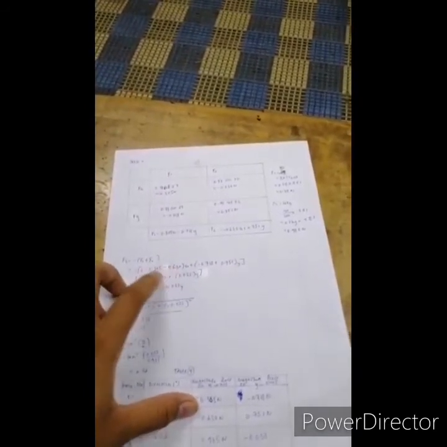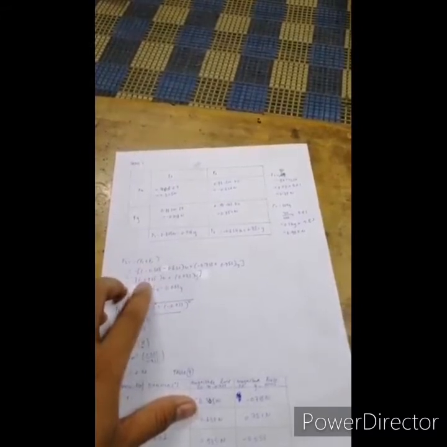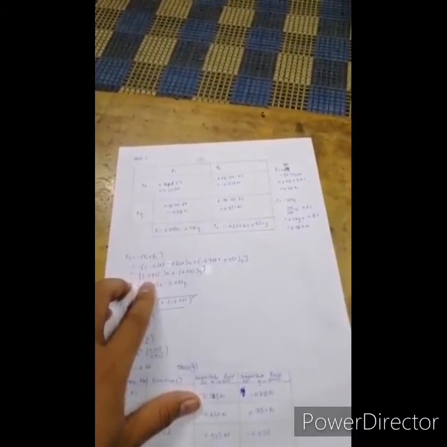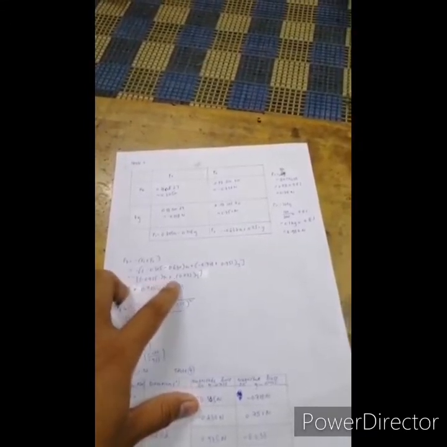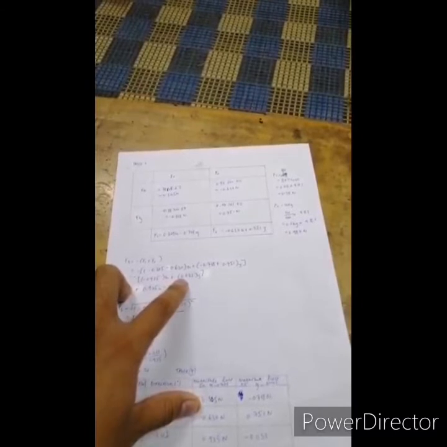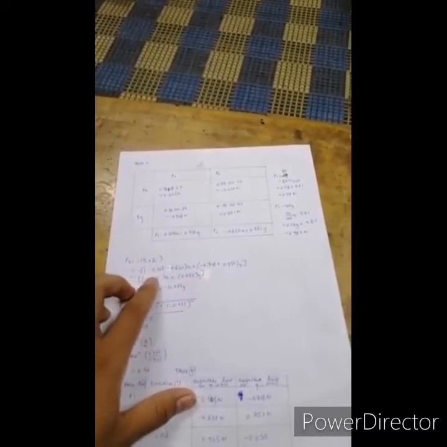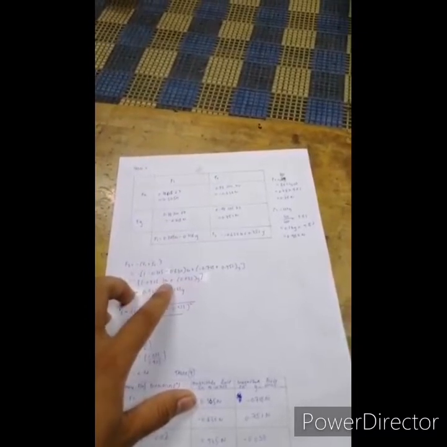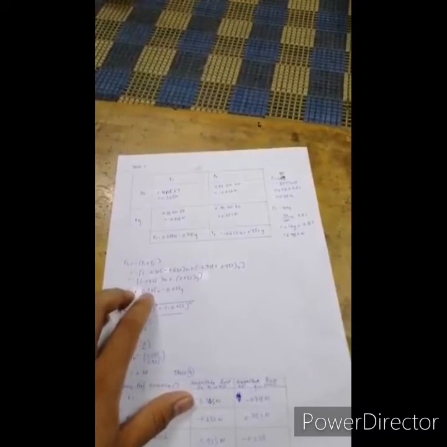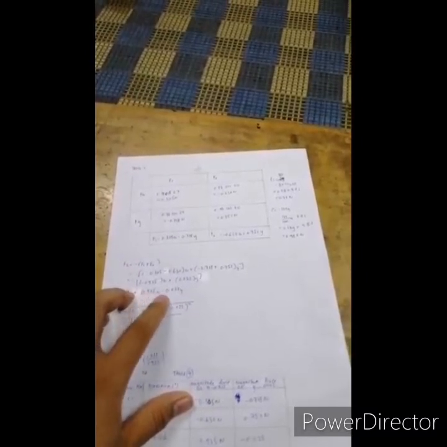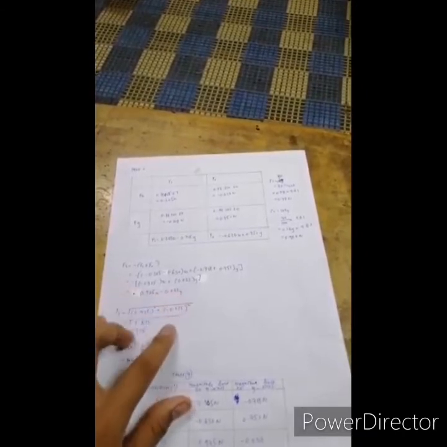This answer is negative 0.935 bracket x plus 0.033 y. Multiplying by negative, for x plus y we get 0.935x minus 0.033y.